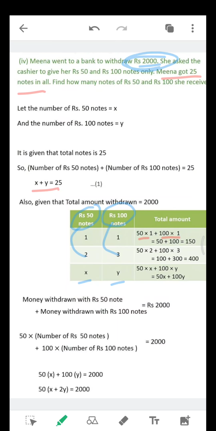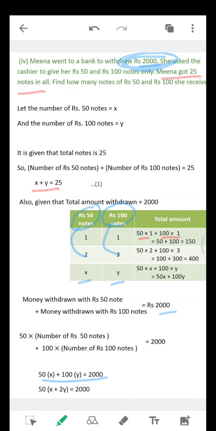In the question you can see that x and y numbers of notes of 50 and 100 total gives you 2000. So money withdrawn with 50 rupees notes and money withdrawn with 100 rupees notes is equal to 2000. So 50 into x plus 100 into y is equal to 2000. This is the way we frame equation number 2. So our equation number 2 is 50x plus 100y is equal to 2000.